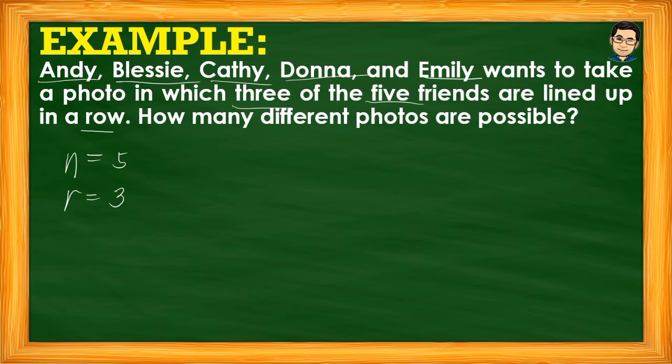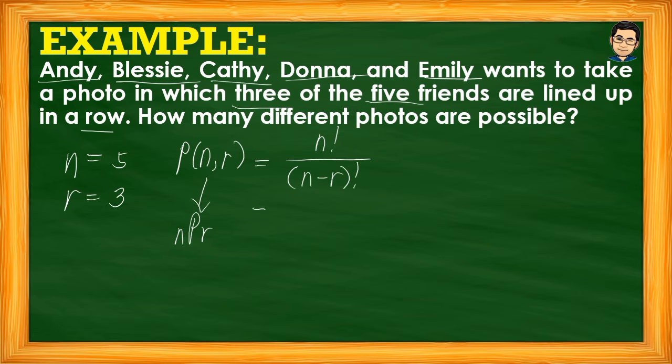Now, using the formula, ayan, so yan ang maaaring notation ng permutation o pwede rin naman pong ito, nPr. Okay? So, yung formula po niya is n factorial all over the quantity of n minus r factorial.